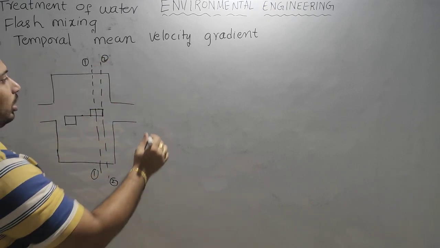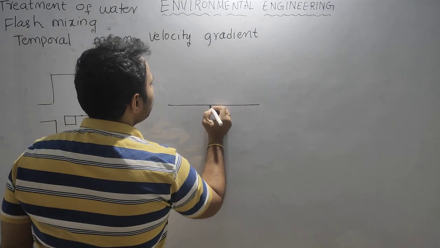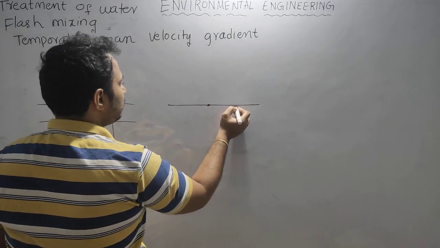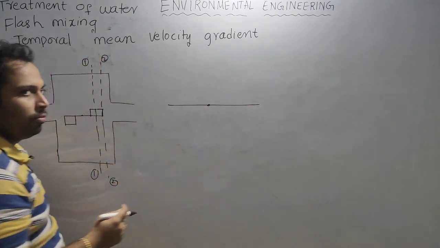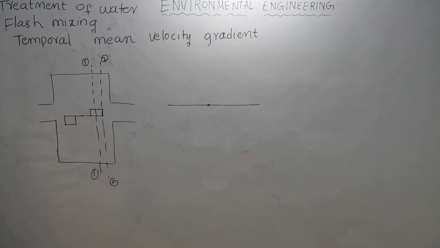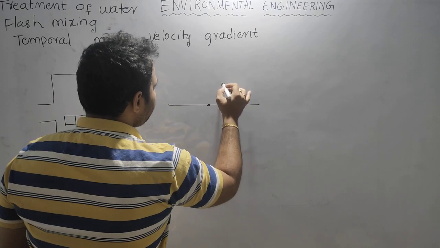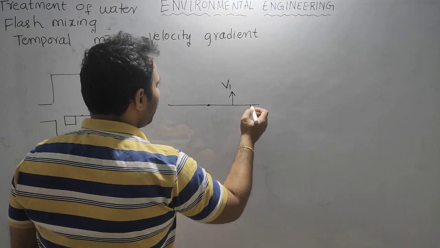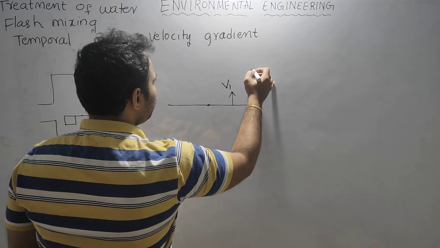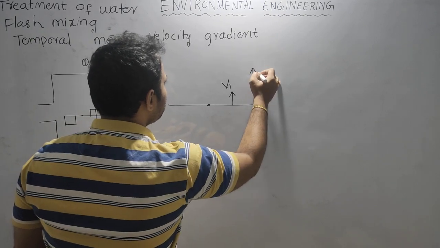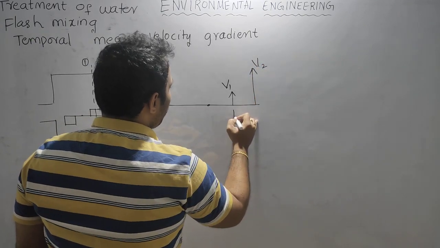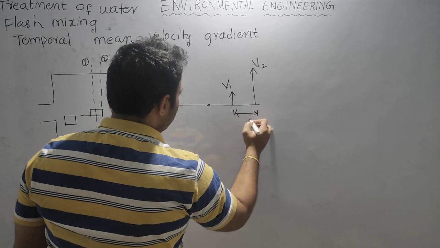So if you look here, I have taken 1, 1 axis, the mean velocity I have taken as V1. Similarly, I have taken another axis where the mean velocity is V2, and they both are separated by a distance of x.